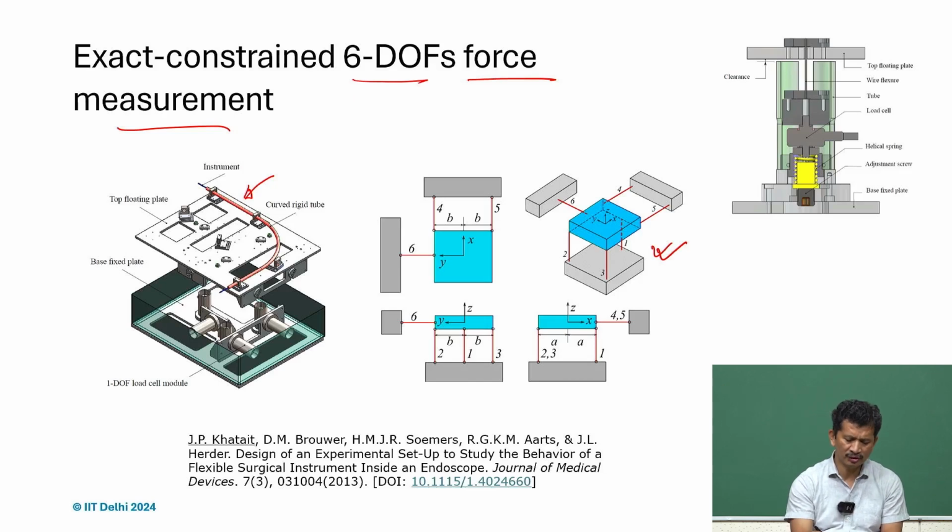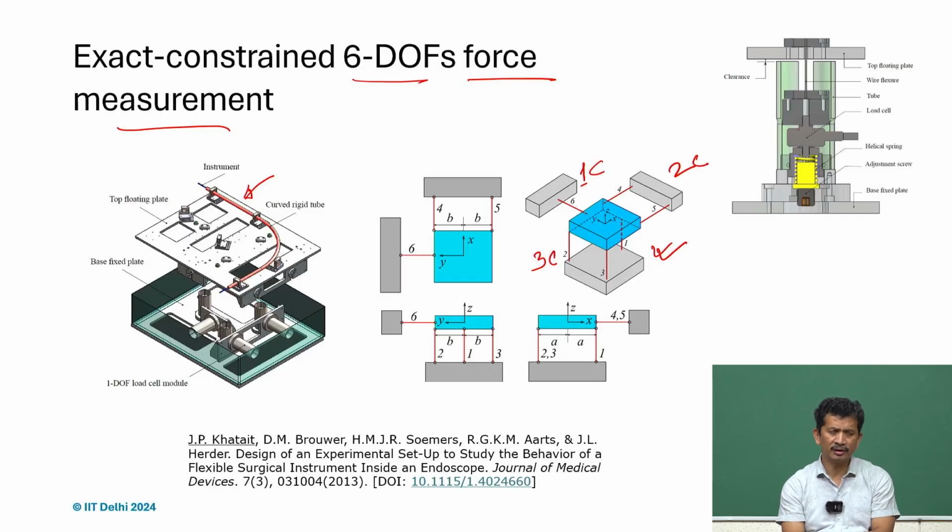Here I use 3 C at the bottom. So, you constrain it in the plane, and then you provide another 2 and 1, 3 plus 2 plus 1, that is what it is many times referred to, and that is how we can constrain all the 6 degrees of freedom, 3 translations and 3 rotations.